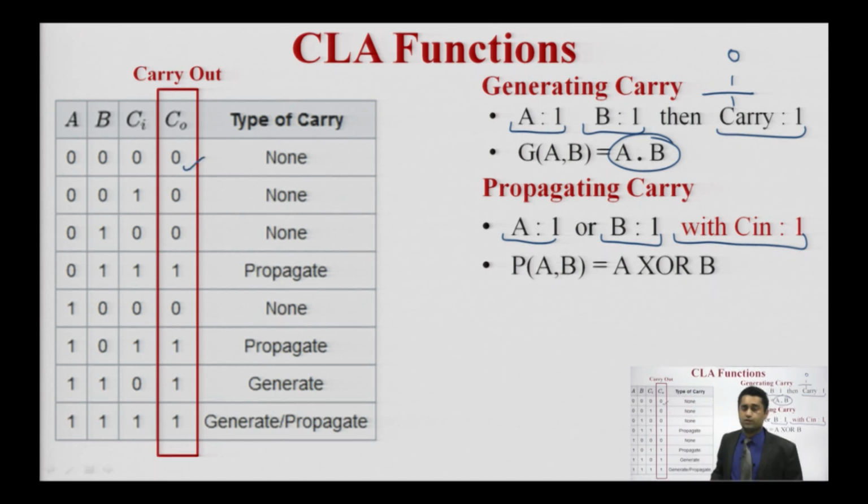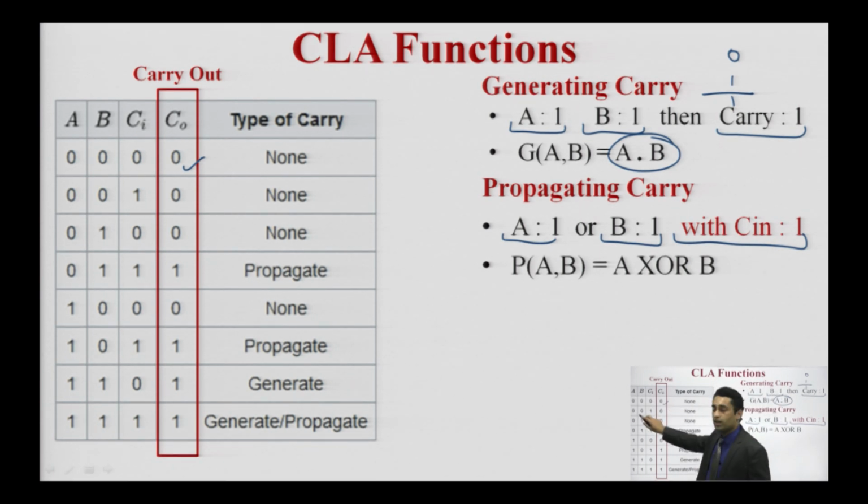Here I am not focusing on the summation part, as we know in addition we have two outputs, sum and carry. Currently I am only focusing on the carry because the delay is due to carry. The delay is not from the sum part. So I have separated sum and carry, and on this part we are only focusing on the carry. So this carry is 0.